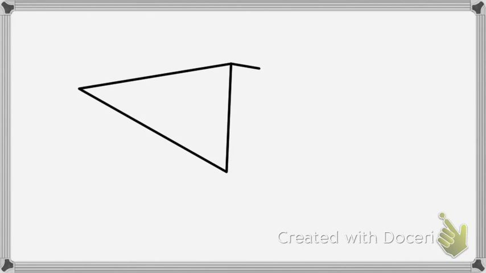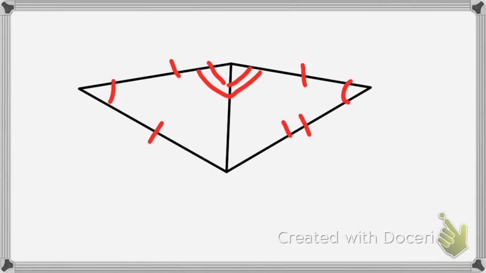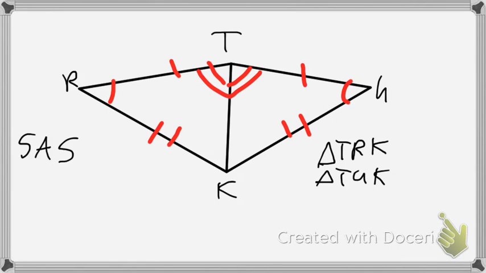Okay, so now I'm going to jump over to this next set of problems. So we're given this triangle, this is a drawing, and we're asked to say whether or not these two triangles, TRK and TUK, can be proven congruent.